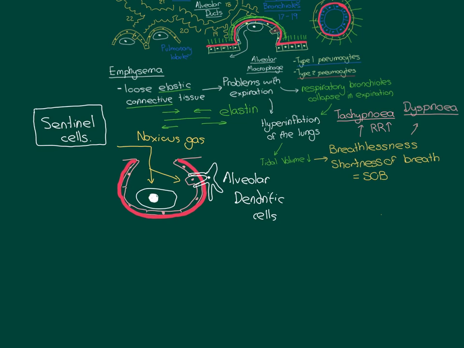So if these sentinel cells are going to get help, they need to get it from the bloodstream. And that means that the microvasculature has to allow this help to come from the bloodstream and enter the tissue fluid around the alveoli. Okay, so this is what inflammation is all about.